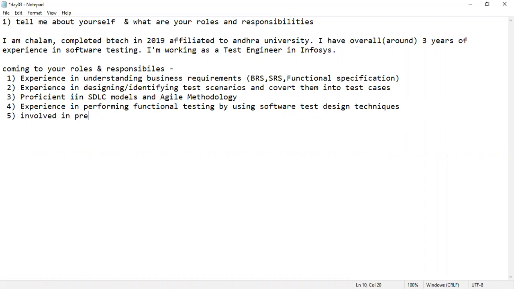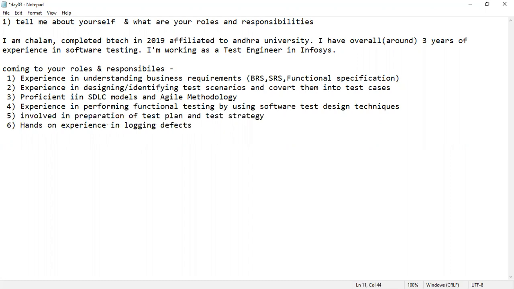Fifth point, involved in preparation of test plan and test strategy. We will explain what a test plan and test strategy are in our next class. What is the next one? Hands-on experience in logging defects.